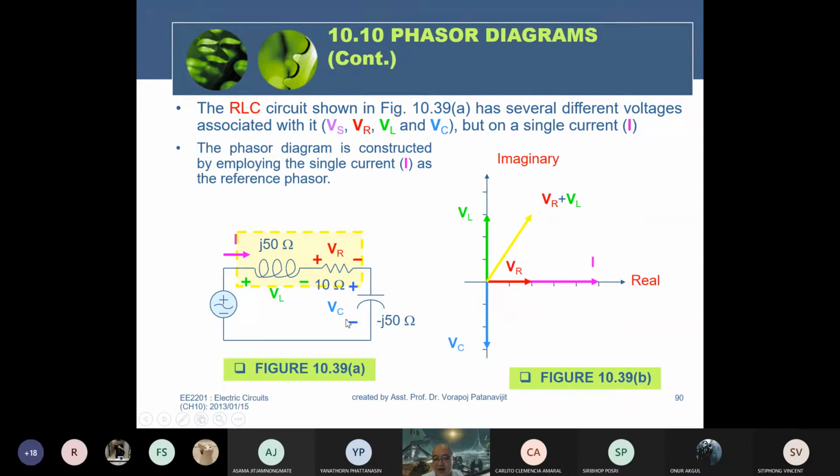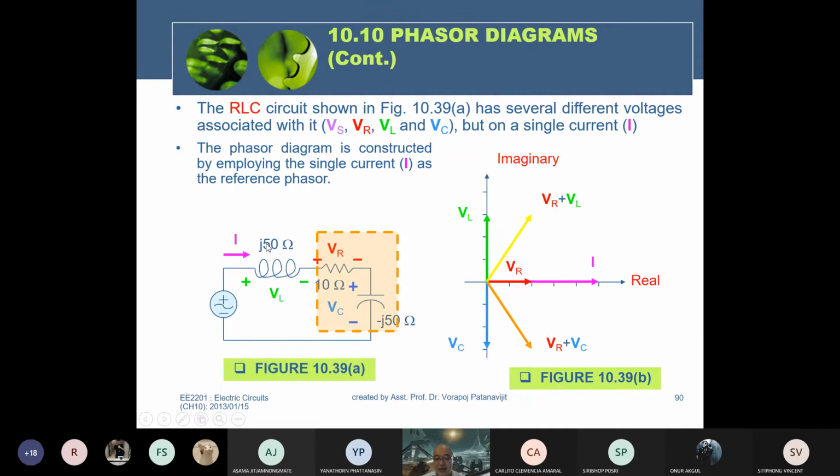For VR and VC, the voltage across here gives you the orange one. If you add all, you can see the effect of R and the effect of C. L equals plus 50j, C equals minus 50j.